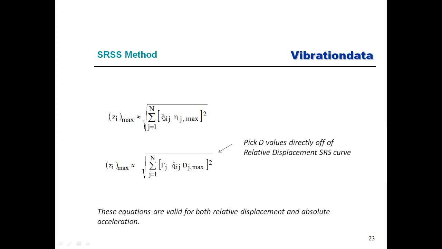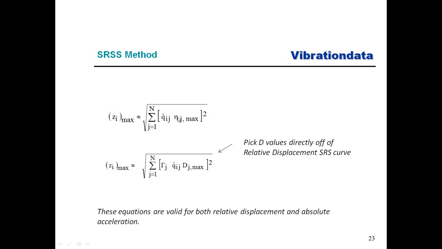We take that for each of the 2 modes and do a square root of the sum of the squares. Again, we don't want to have to pick off the maximum modal displacement, because we'd have to do the modal transient analysis to get that, which defeats the purpose of this simplified estimation method.